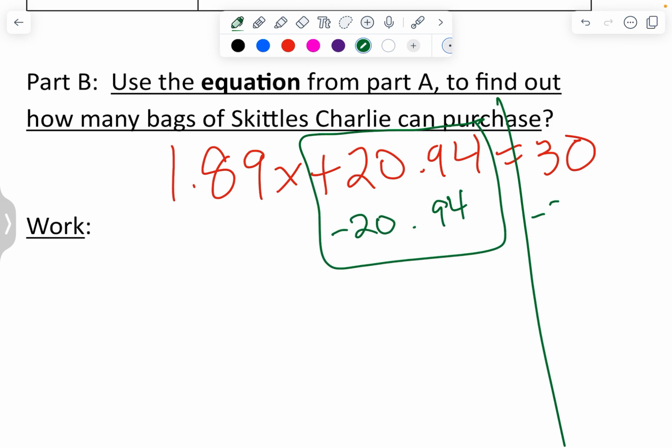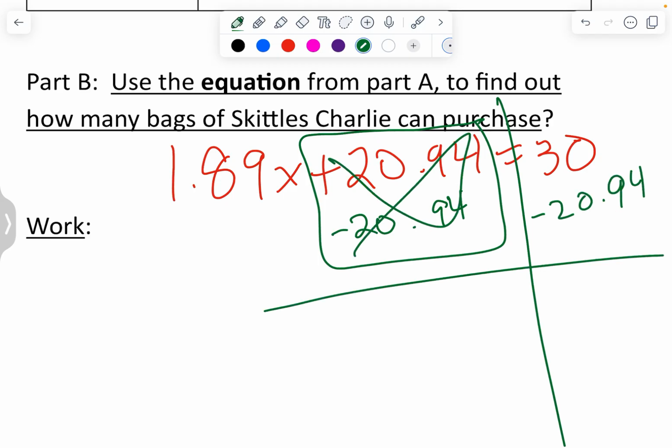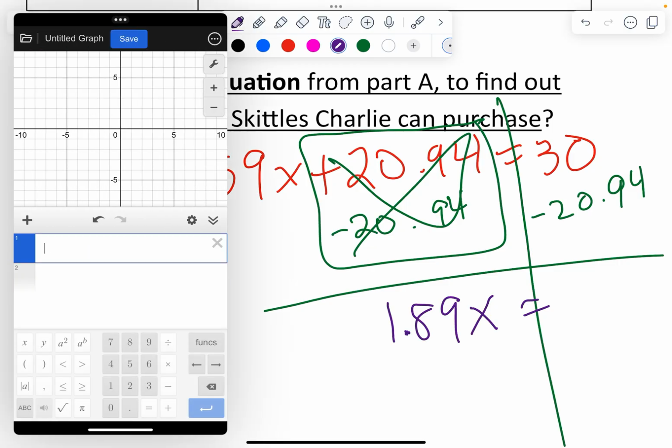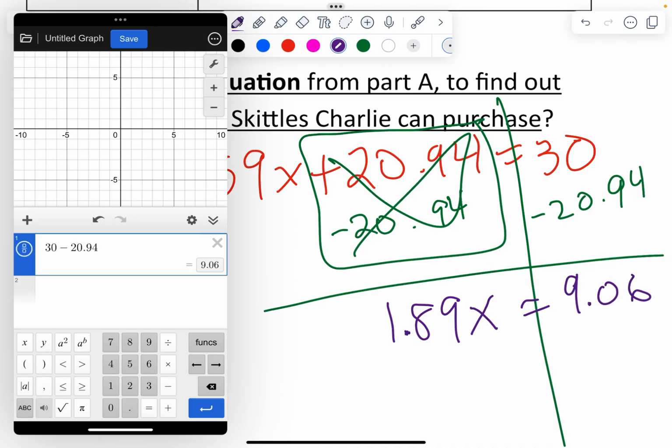Opposite of positive is negative. So $1.89 for some amount of Skittles. I already used $20.94 for the bags of chips, though, so all that's left for me is $9.06.